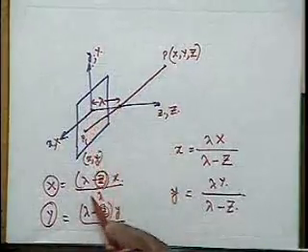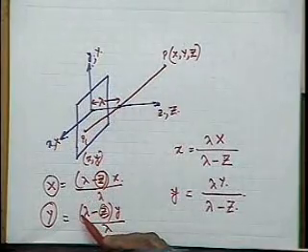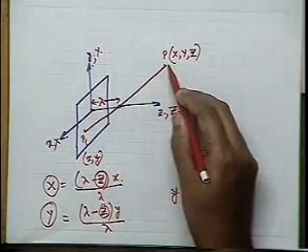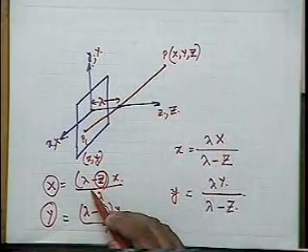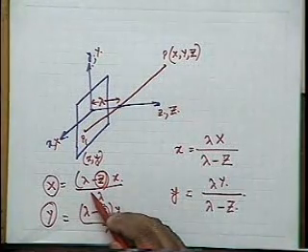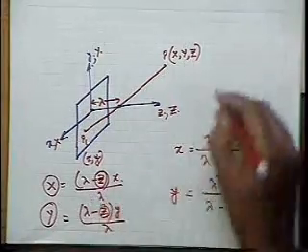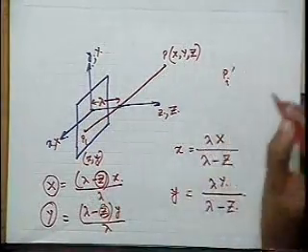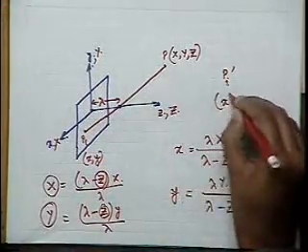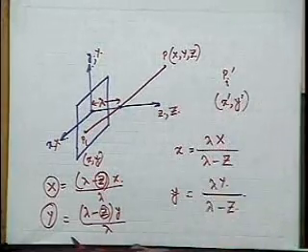If I introduce a second camera plate, let us say at some other distance, and then for the same point capital P I obtain the corresponding image, let us say in the second camera plate the image is obtained at some other point Pi prime, for which we assume the corresponding coordinate is x prime, y prime.